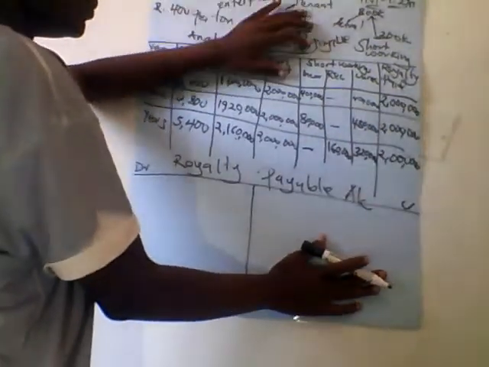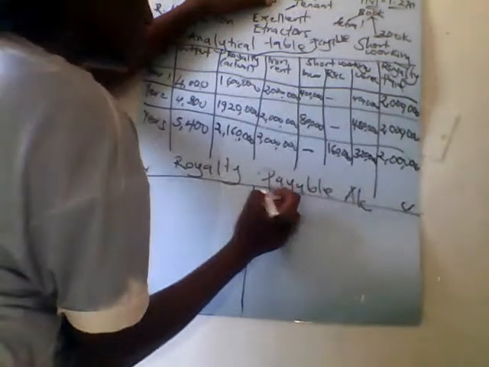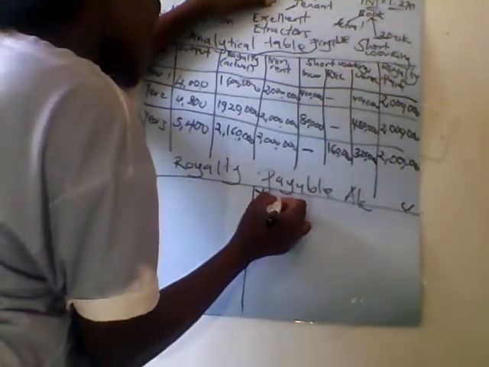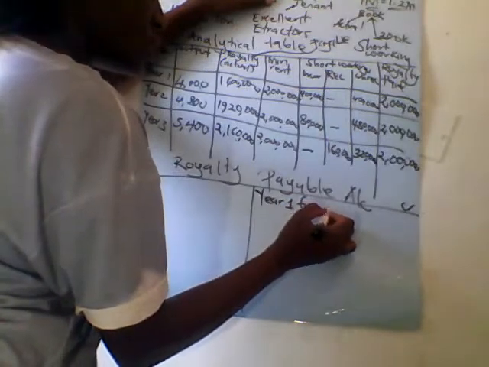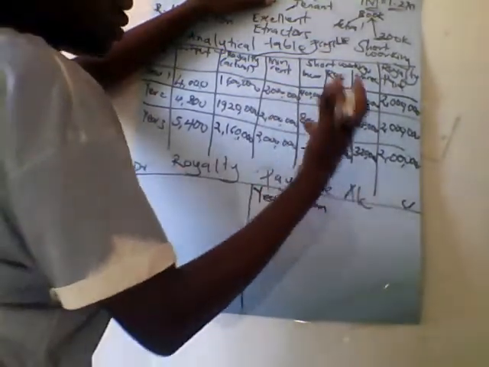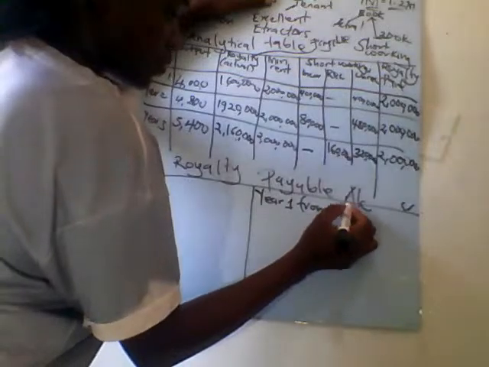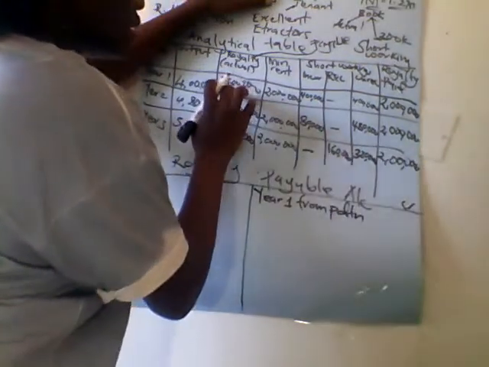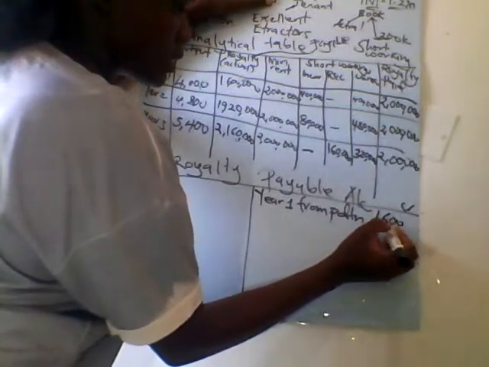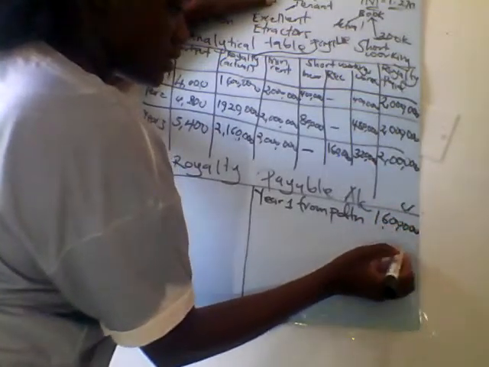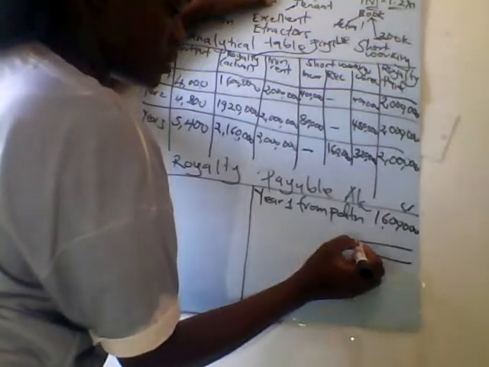So here you write year 1, then you write from, you can either write from extraction or from production. So we shall write from production. You write this, the actual royalty that you got was 1.6.